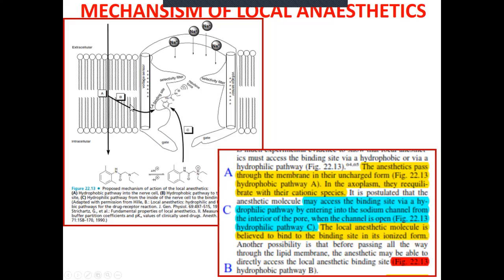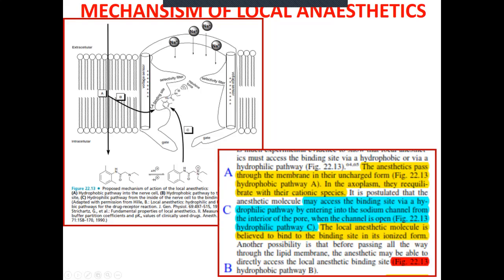Now once entering and then converted to B, that is a positively charged atom, either they can bind to this side or this side, from here to here, or the gate is open and this one is here. So it accesses the binding site via the hydrophilic pathway. This is the hydrophilic pathway because inside the cell there is water, so it can become hydrophilic and then go attach here. The local anesthetic molecule is believed to bind to the binding site in its ionized form.